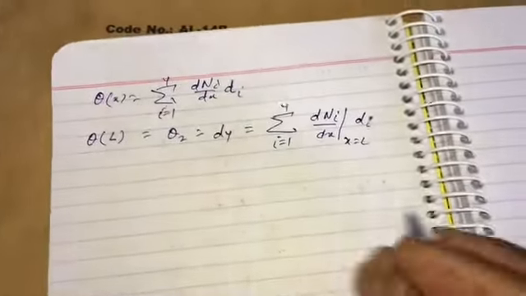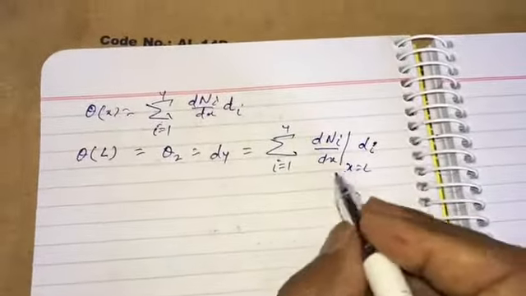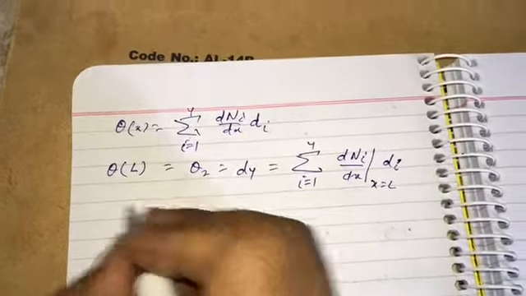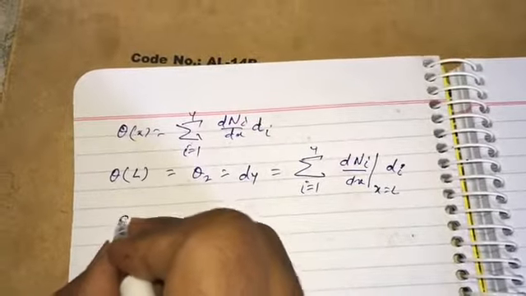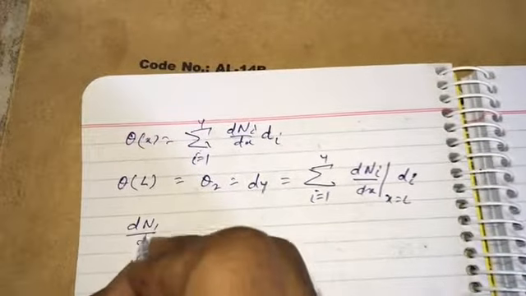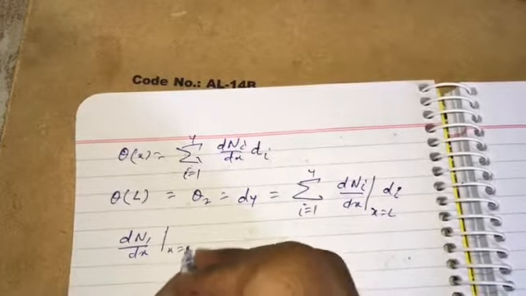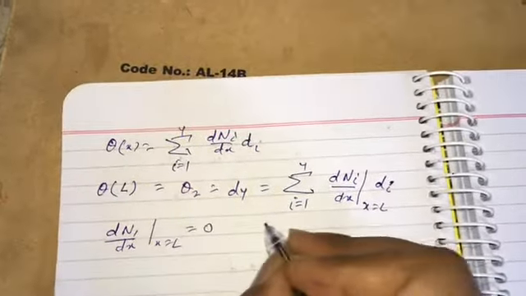So looking at it, you can guess that similar to the things we have been doing, dN1 over dx at x equal to L will be equal to 0.